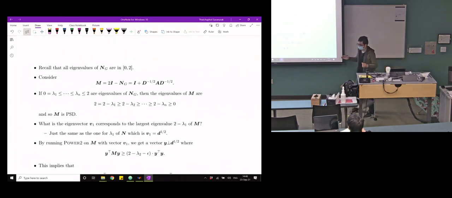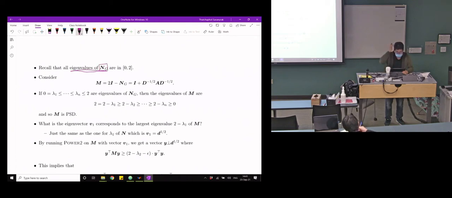We know how to get the second largest one. Now we want the second smallest one. Well, we will just flip things. Not the inverse, but we have that the eigenvalues of the normalized Laplacian are between 0 and 2.